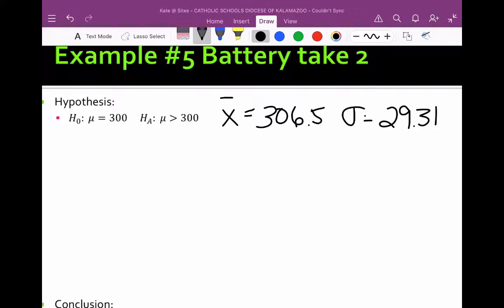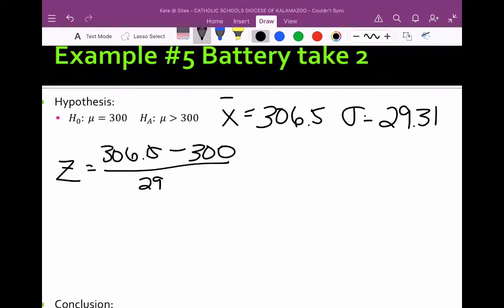29.31. So to calculate my z-score, it's my sample mean minus my null hypothesis divided by the standard error. So 29.31 divided by the square root of 12, and that gives me a z-score of 0.739.